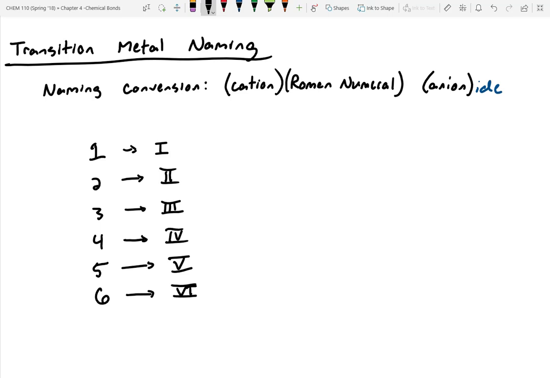I'm not really going to go above 6. You won't see those very often, but these are the bare basic Roman numerals you should probably remember for your science courses. They may show up in other classes as well. Does that make sense? So let's do a few practice ones.